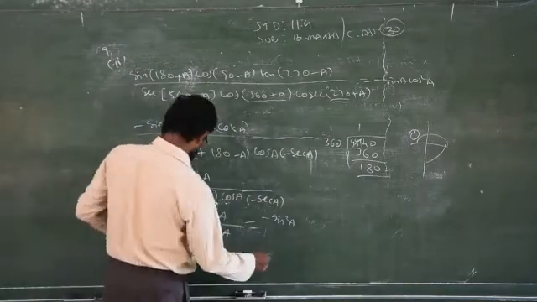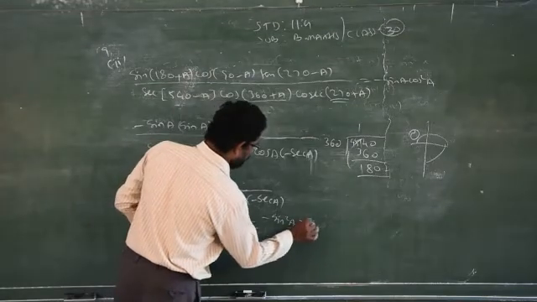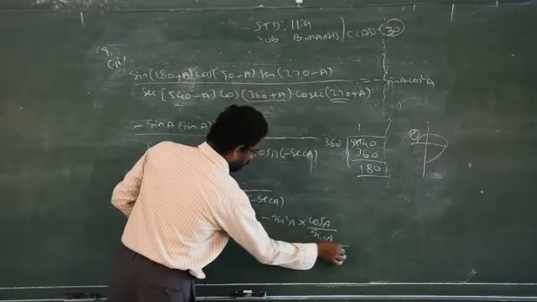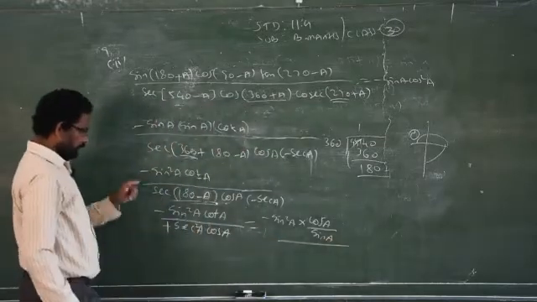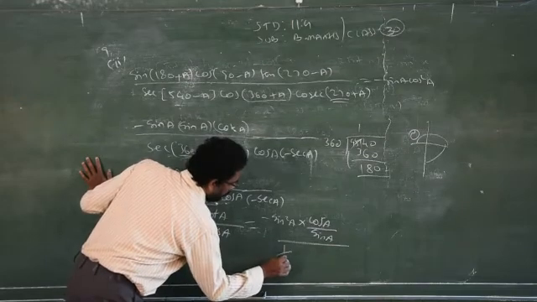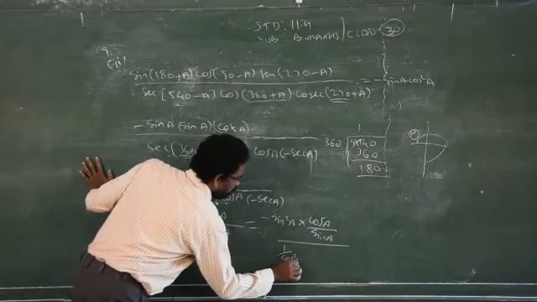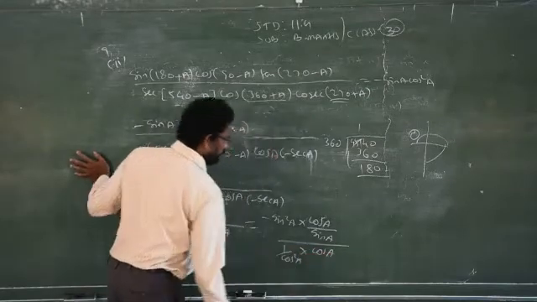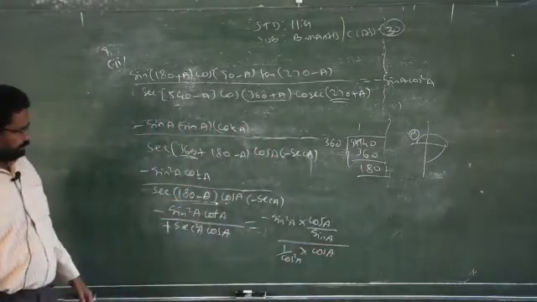Okay. Minus sin square A, cot A replaced by cos by sin, over secant square A replaced by 1 by cos square A into cos A. So just simplify.